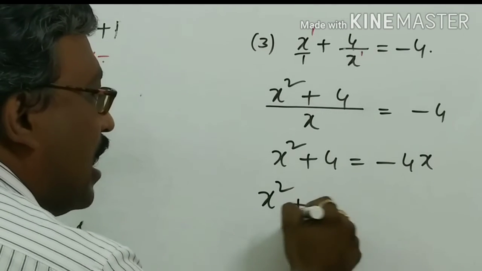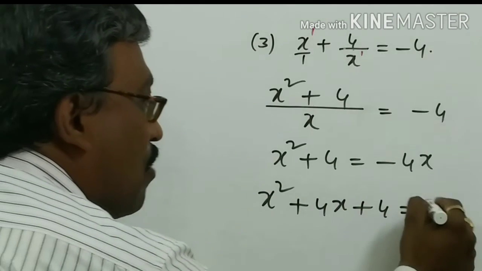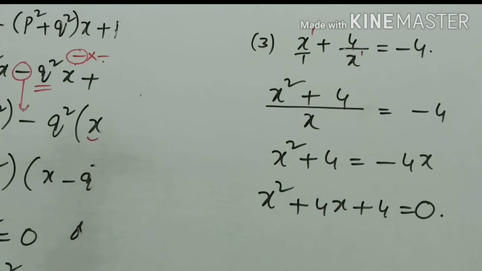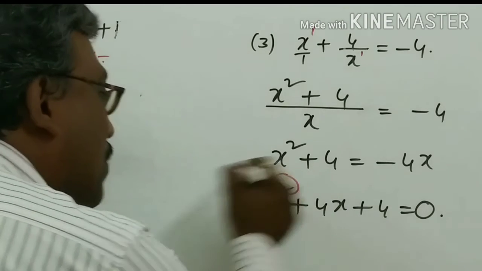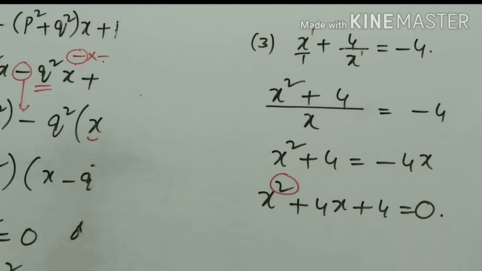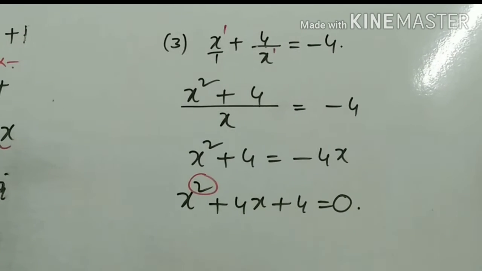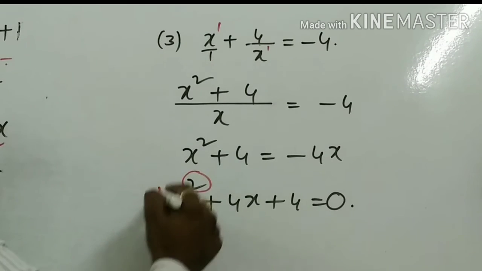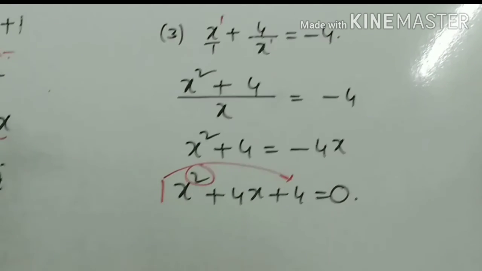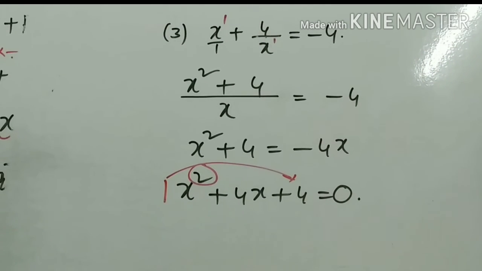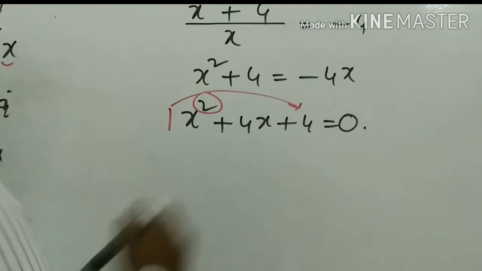Minus 4 comes to this side, plus 4 is equal to 0. Now, what is the degree of the equation? 2. If it is 2, then what type of equation? Quadratic equation. Now, how to solve this? Here the coefficient of x square is 1. So, if it is 1, what type of equation? Right, a monic quadratic equation.